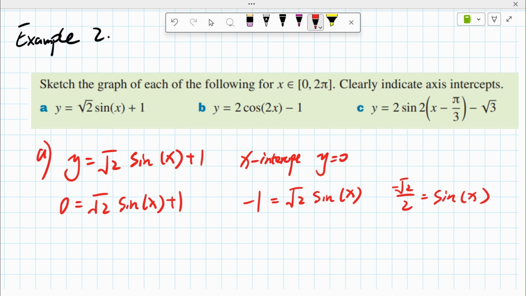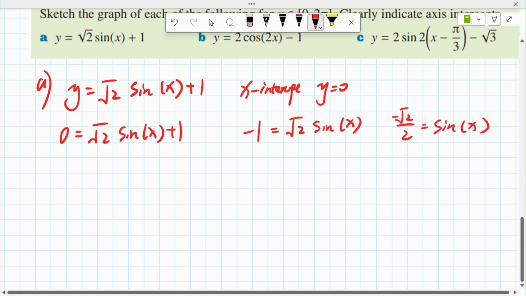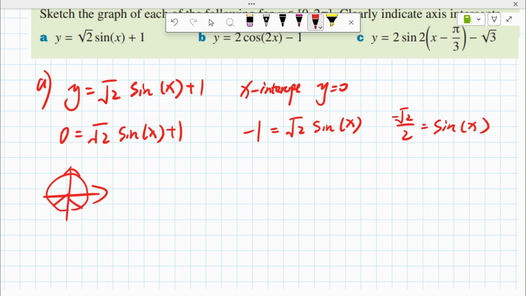If we know this part, we can say sine is negative in 0 to 2 pi, which is the third quadrant and fourth quadrant. So we're going to use pi on 4 because it's root 2 on 2.